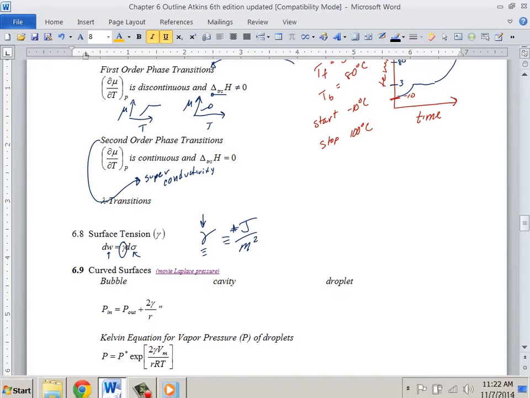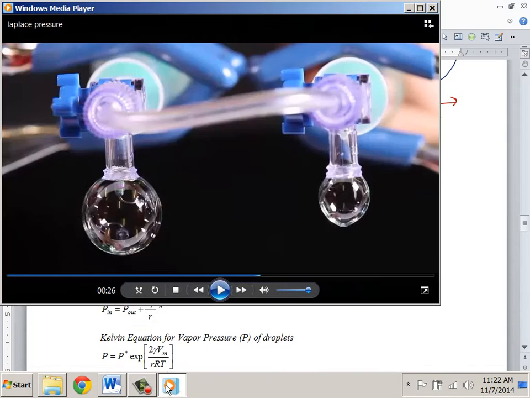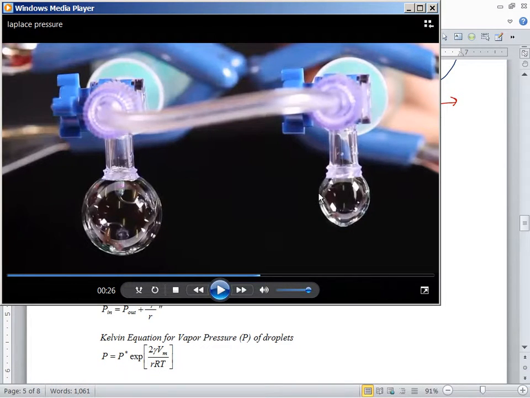So that's the real question: which one of these has a higher pressure inside? The little one. The little one has a higher pressure inside. So it should make the other bubble even bigger, right? It's the opposite of what you'd think. We're so used to things leveling out, right? You can picture this guy getting bigger and this one getting smaller because then it just should level out. But no, the smaller the bubble, the higher the pressure.